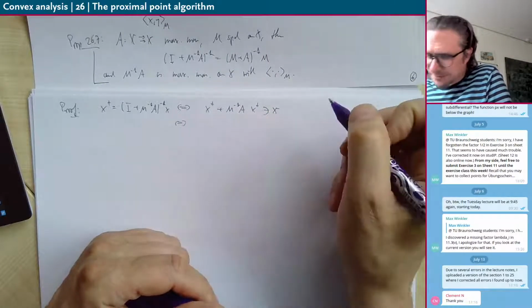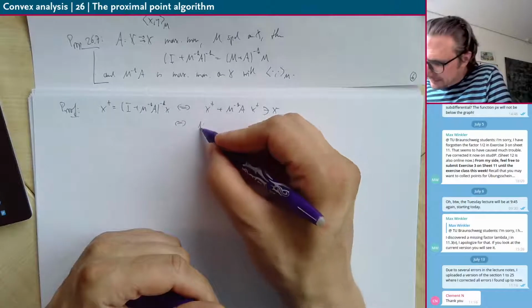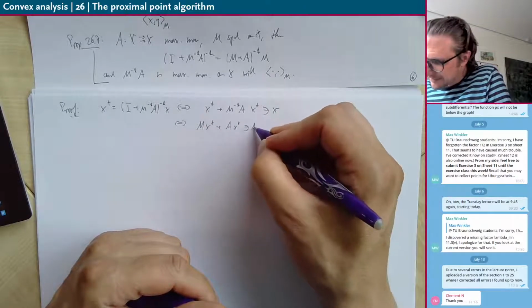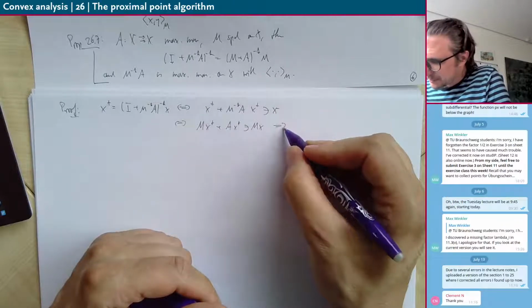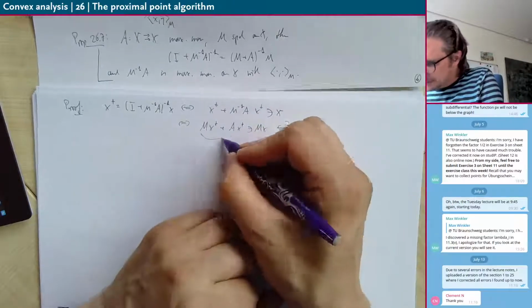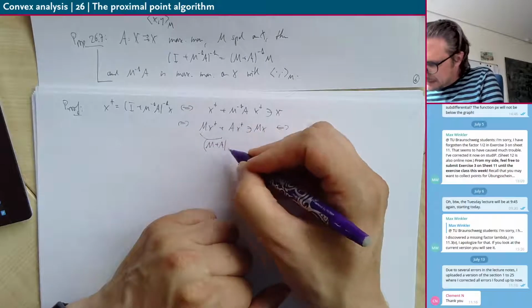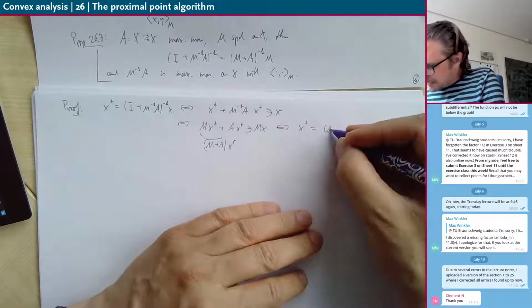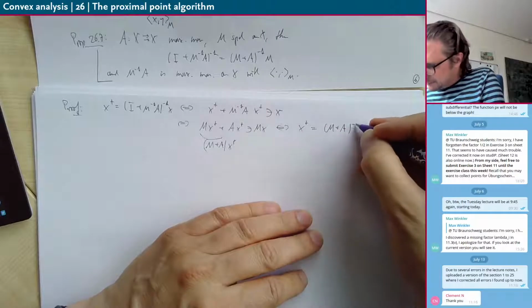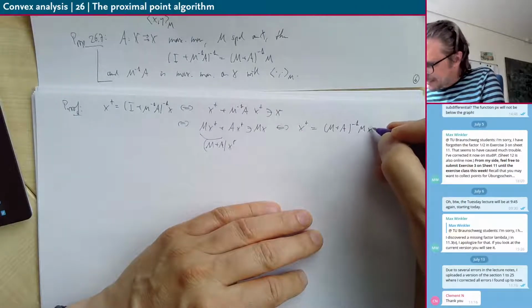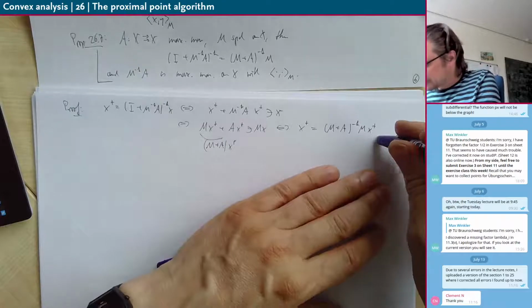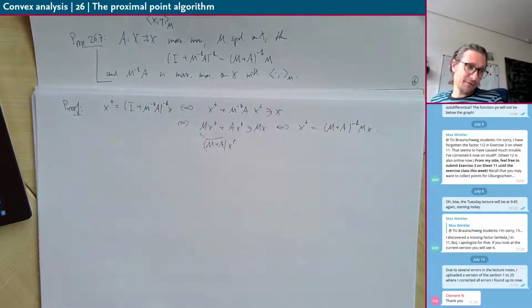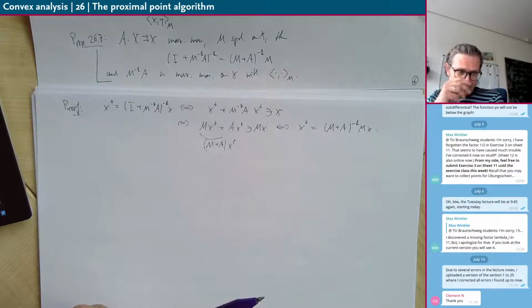Of course, we multiply from the left by M, so it's M x plus plus A x plus contains M x, and you see now we are done already. This here is M plus A applied to x plus. So we get x plus is equal to (M plus A) to the minus 1 M x. So it's totally straightforward and even simpler than before.